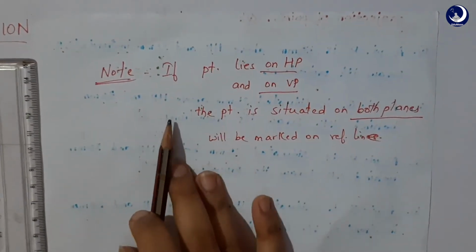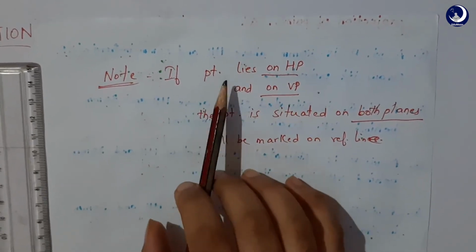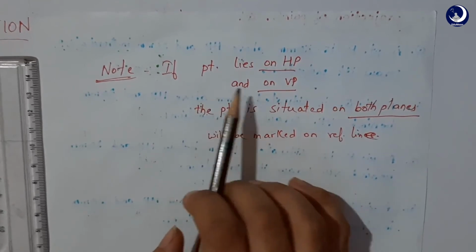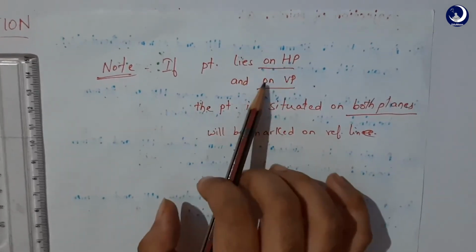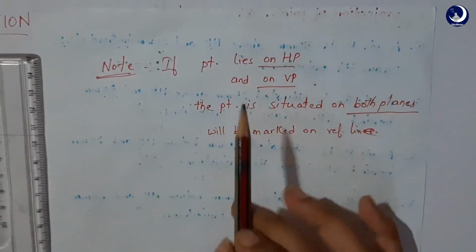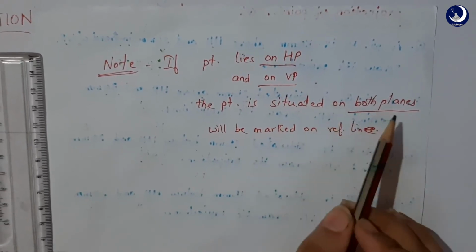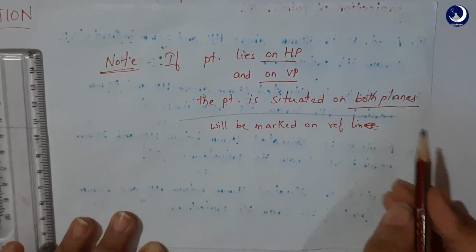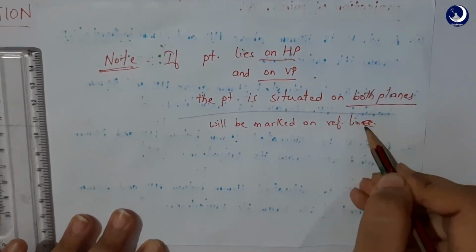This is a special case where, in the question, it is given that the point lies on both HP and VP, or the point lies in HP and in VP. That means the point is situated on both the planes. In orthographic projection, we have to mark it on the reference line.